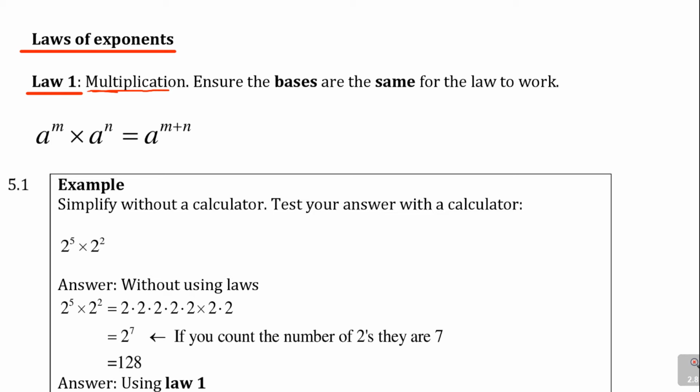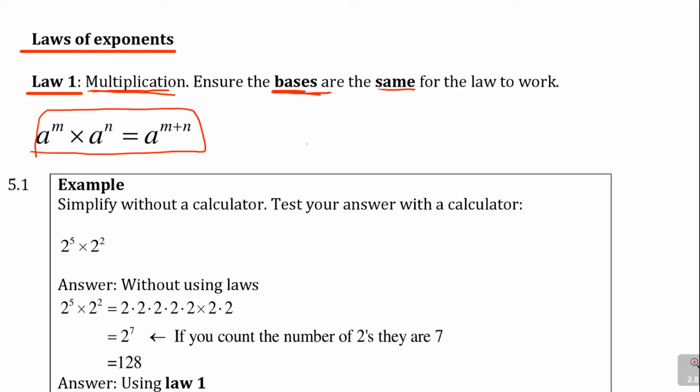Now, whenever you're applying this law, there are a few rules that I need you to always be careful of. The first one is that the base must be the same so that the law can work. For example, they are giving an example: a to the exponent m times a to the exponent n is equal to a to the exponent m plus n. Now look at this law.